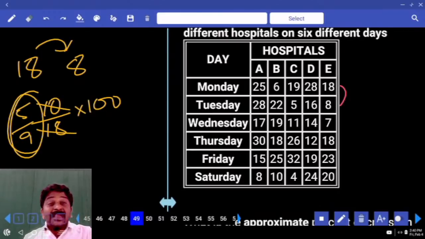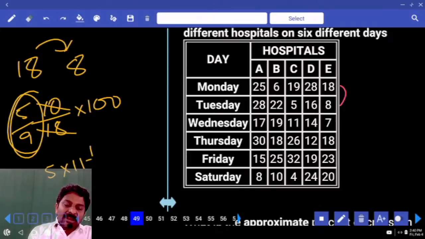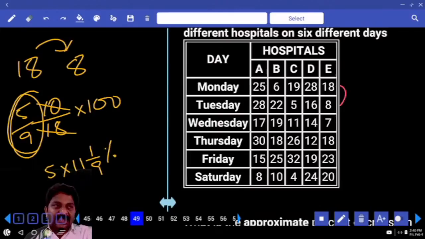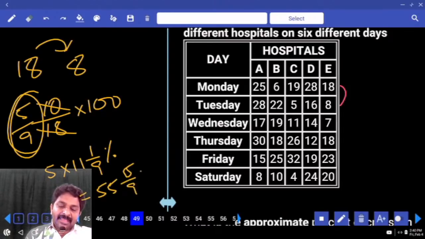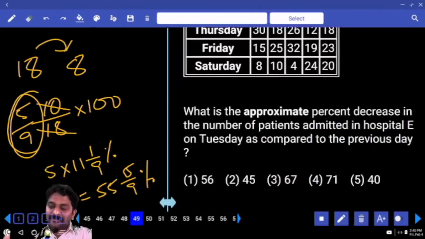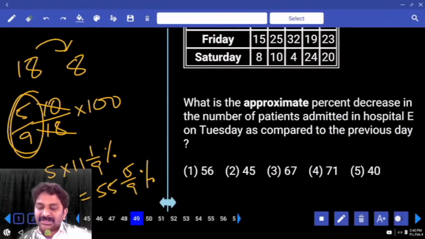What do you mean by 1 by 9? 11 1 by 9. 5 by 9 in the sense 5 into 1 by 9 only. That is 5 into 11 1 by 9%. Correct? 1 by 9 value, fractional value in terms of percentage. So the answer must be 55 5 by 9%. Approximate answer 56.